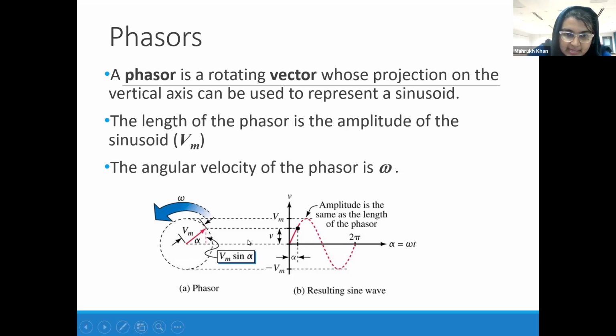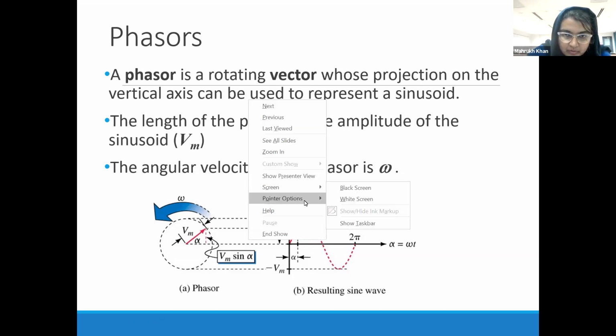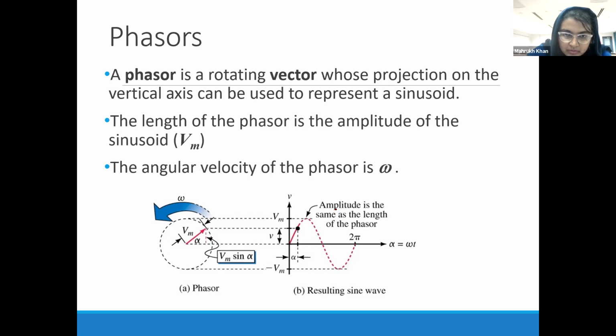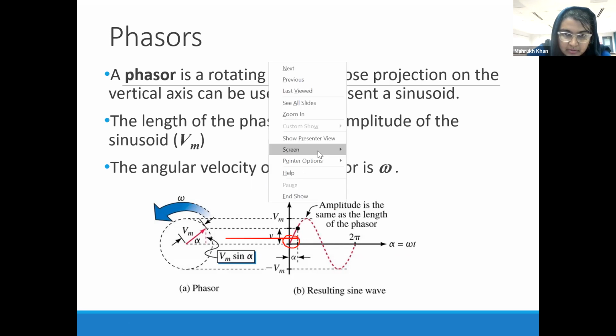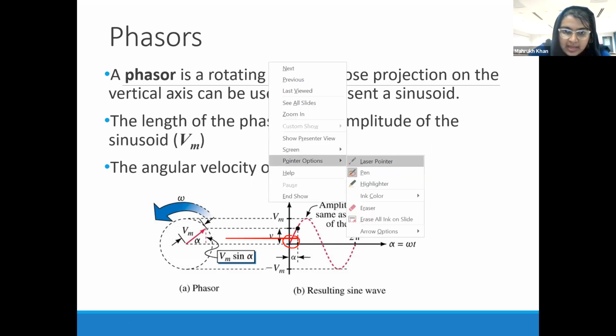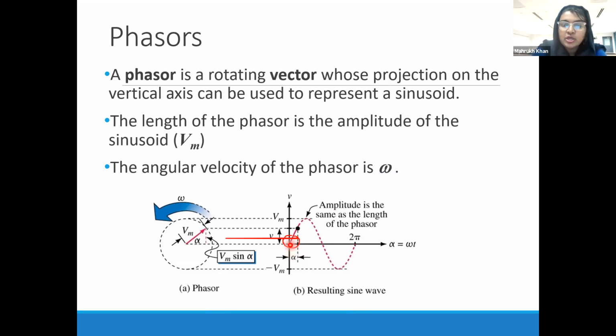Like here you can see, at this point, if I'm putting omega t equals 0, which is the starting point, then your Vm sine omega t is 0, right?